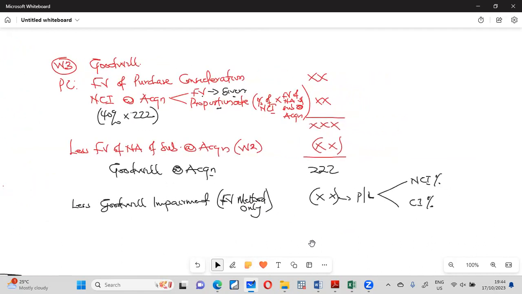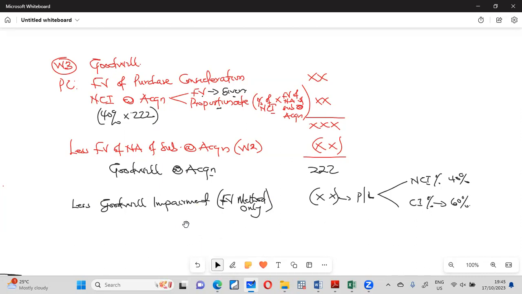So if per this example the NCI is 40%, then 40% of this impairment will go to the NCI, and 60% of this impairment will go to the CI.